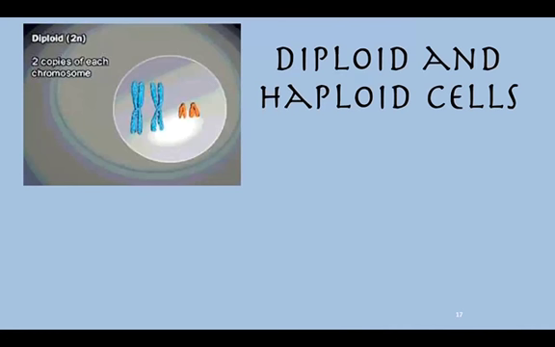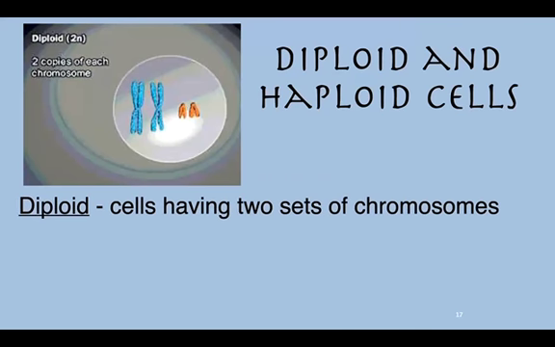And the last thing is the difference between if you have 1 set of chromosomes or 2 sets of chromosomes. Most of our cells, in fact, every single cell in our body except for females' egg cells and males' sperm cells, are called diploid, di meaning 2. They have 2 sets of chromosomes, so 2 times 23.